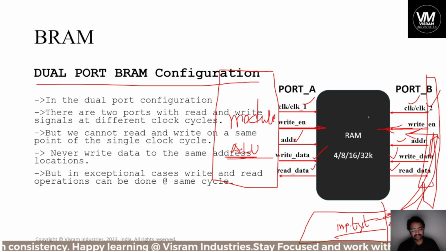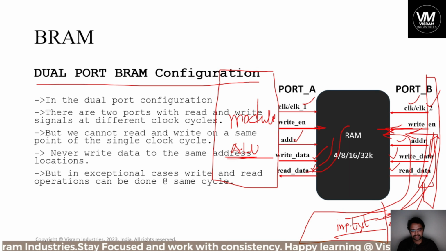That function is there, right? From that you take the data into the RAM, and whatever data is taken from the input text file is sent through this read data. That is how it is used.